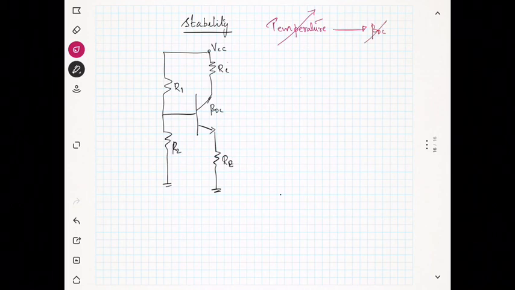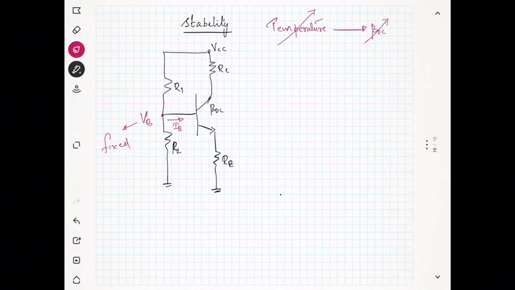The beta DC also will change. Since we are giving the VB as fixed, VB will not be changing anyway. There will be a particular IB flowing into the base of the transistor.